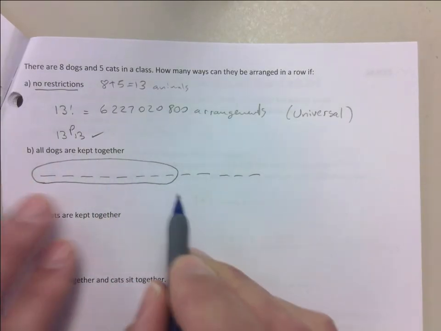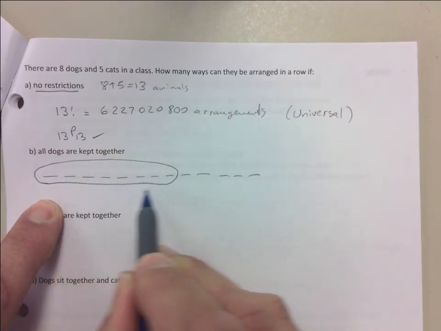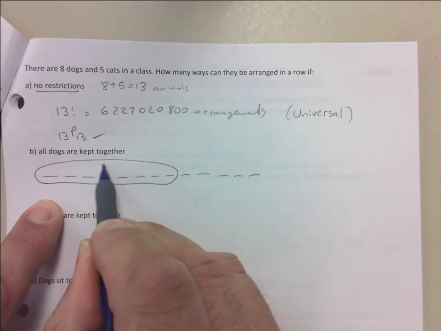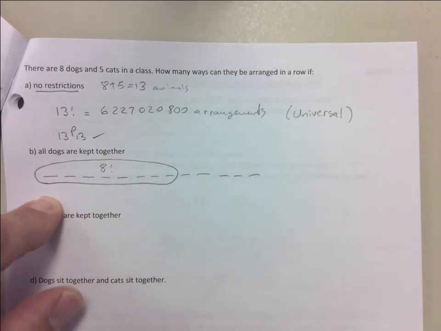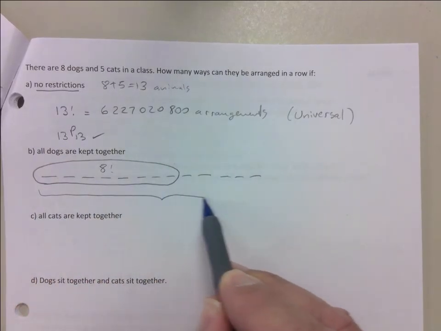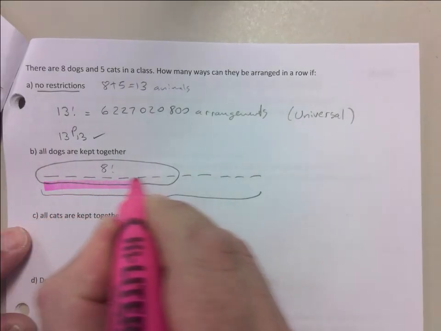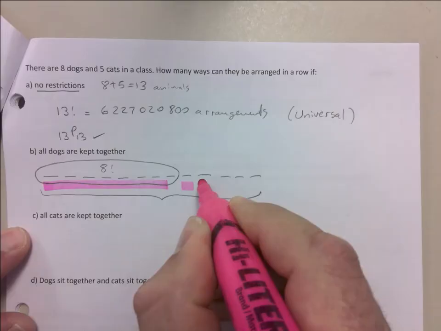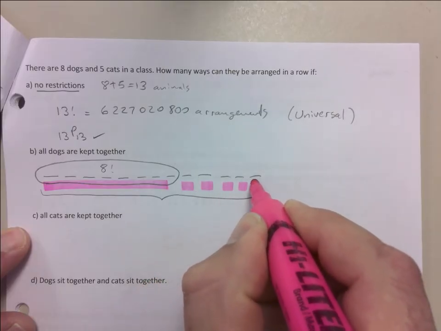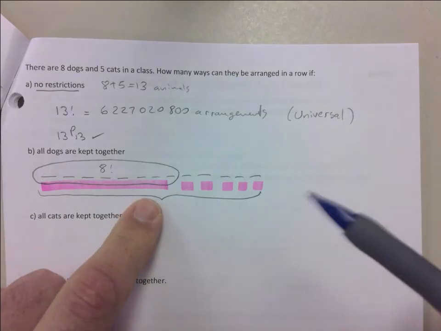So let's assume for now we're not moving anybody else. We're just moving the 8 dogs in here. So that's where you get your 8 factorial from. Then you zoom out, and I count this as 1, 2, 3, 4, 5, 6. So you've got 6 there.